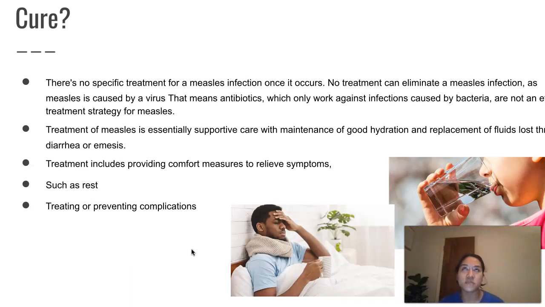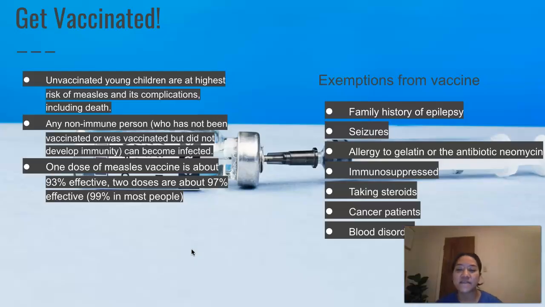These treatments may include staying hydrated in order to replace the fluids that were lost through diarrhea. Which leads to my next slide, getting vaccinated. Since there are no specific treatments, it is best to prevent it rather than rely on treatments.